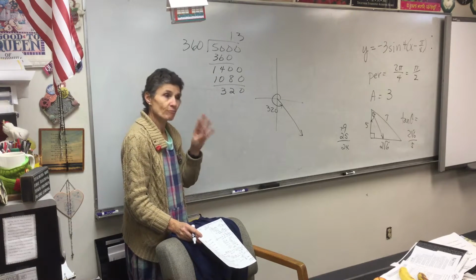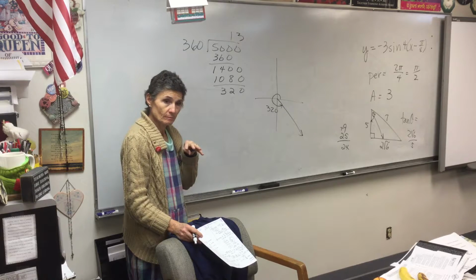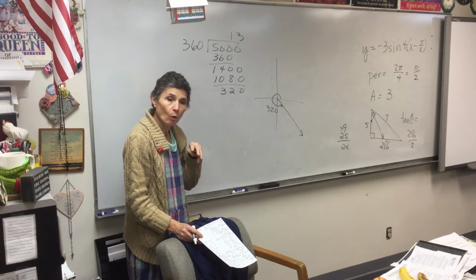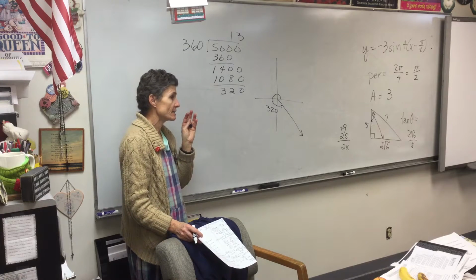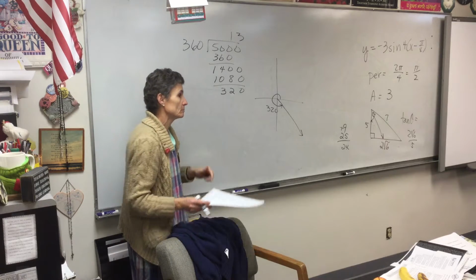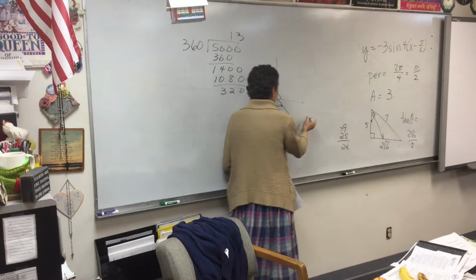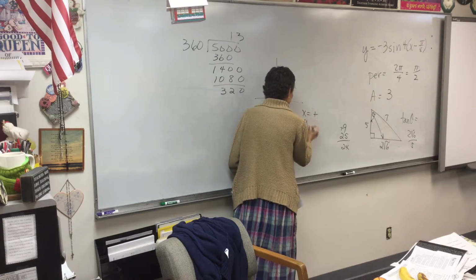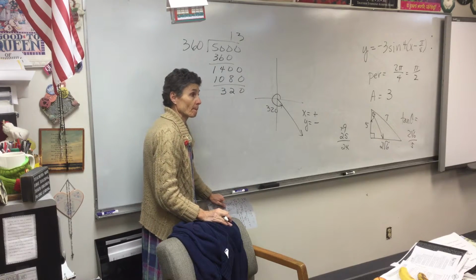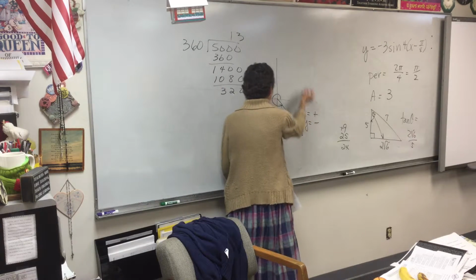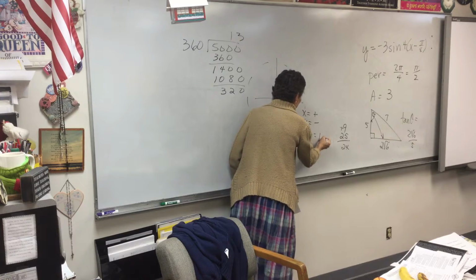Now that's in quadrant 4. What do you know about points, x's and y's, in quadrant 4? We know x is positive and y is negative, and we know r is always positive.